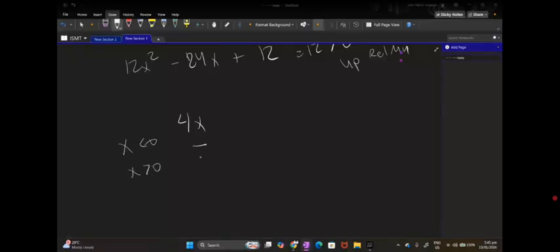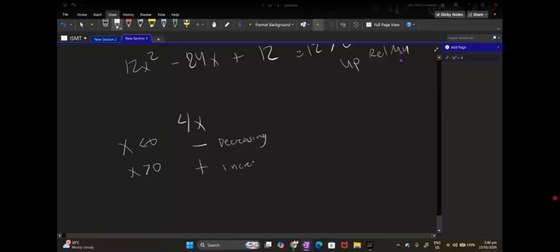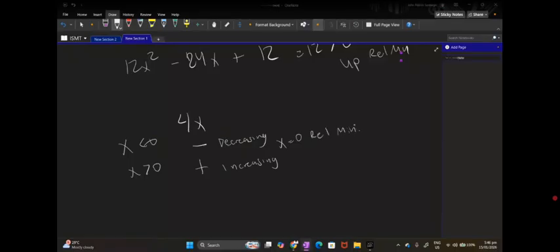Greater than 0, it's positive. So, it's decreasing to increasing. And x is equal to 0 is our relative minimum. Gets?